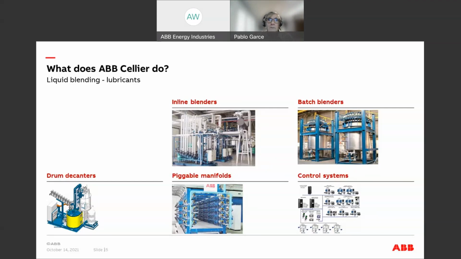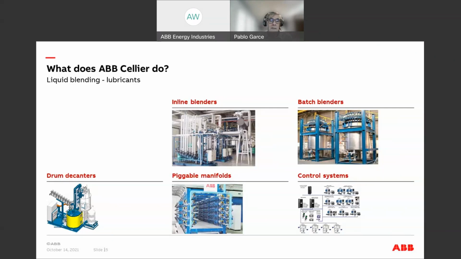Cellier has been doing this for, I think, about 60 years. I'm not that old, so I'm not sure how long it's been, but we are in the process of continuous development of new technology, analyzing it as a function of how it may impact productivity, not only technology per se, but technology as a function of increased productivity.